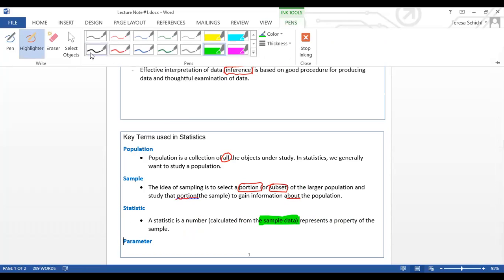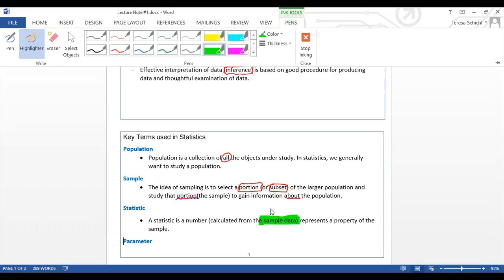For example, say I want to find the average family income. I take 100 families, and then I find each family's annual income. Then I average these 100. The average I get from these 100, we call this a statistic. So where is the statistic from?